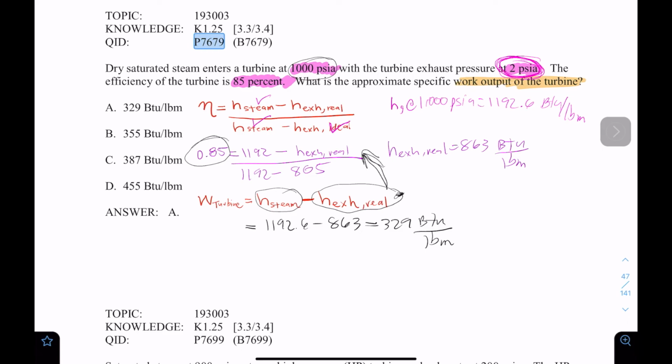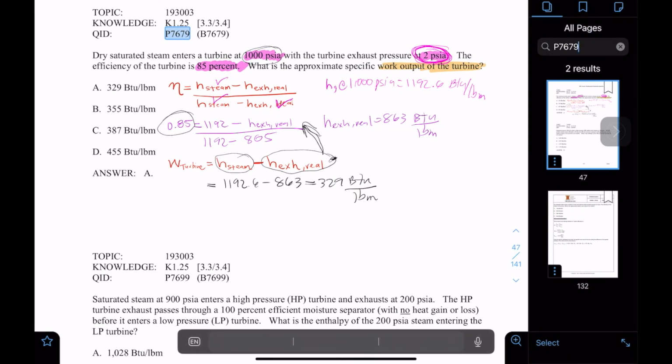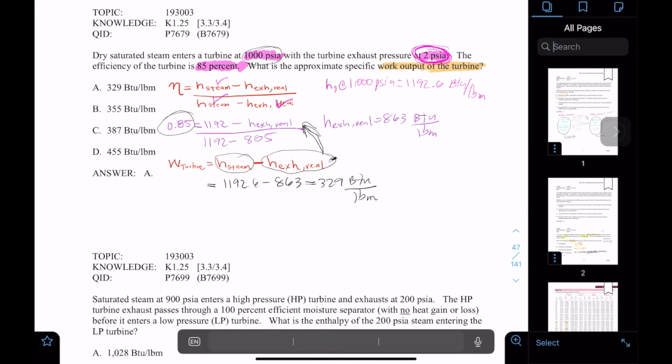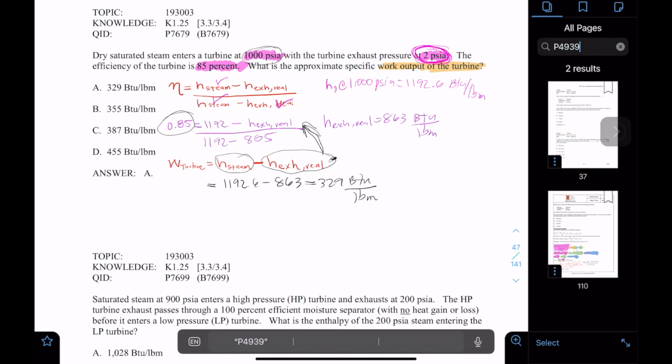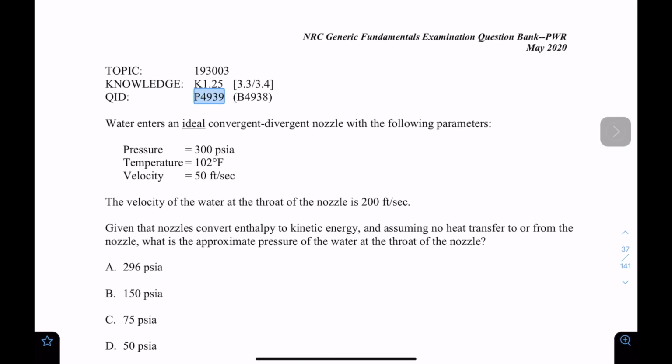So now there's another problem in which I got my formula that I memorized. So let's take a look, because you might not have it, so I want you to have it. So it's P4939.